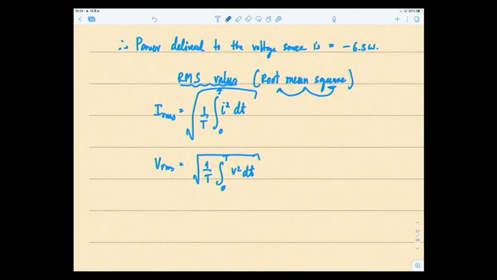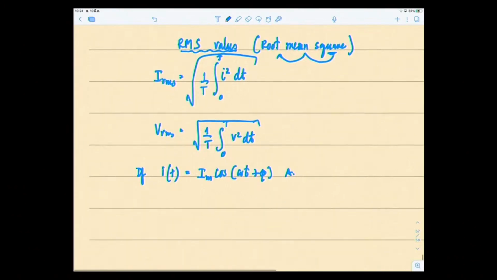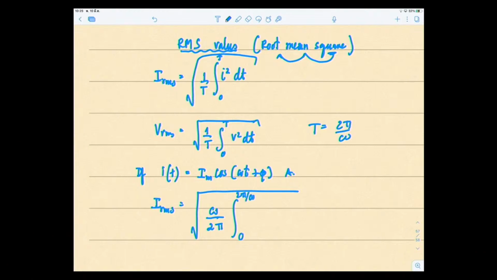So therefore, if we have i of t equal to Im cos of omega t plus phi amps, and we want to find IRMS, then it will be equal to the square root of, if of course T is equal to 2 pi over omega, so 1 over T would be omega over 2 pi, integrate from 0 to 2 pi over omega of Im squared cosine squared of omega t plus phi dt.